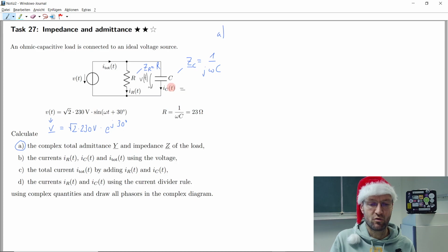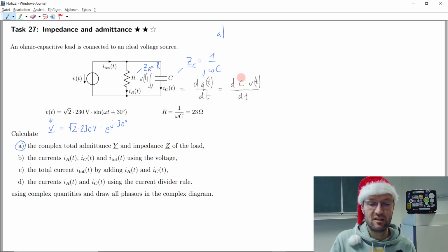Exactly. Let's say we have a current if the charge Q of t changes over time, and the charge at the capacitor is the same as C times the voltage at the capacitor, because the capacitance is defined as the charge divided by the voltage.